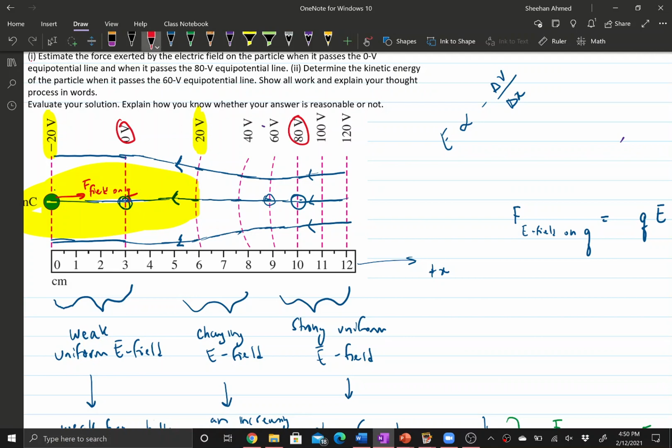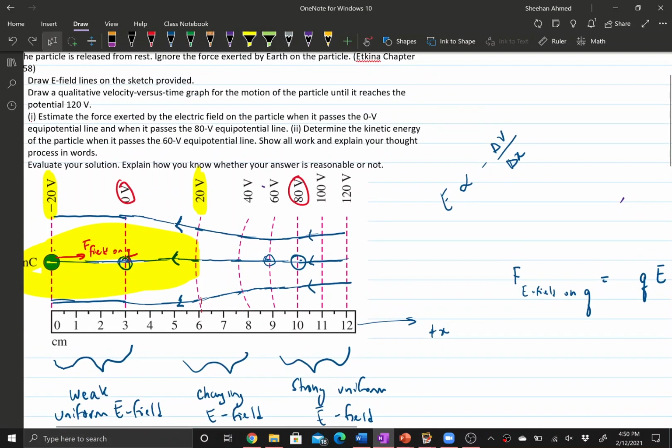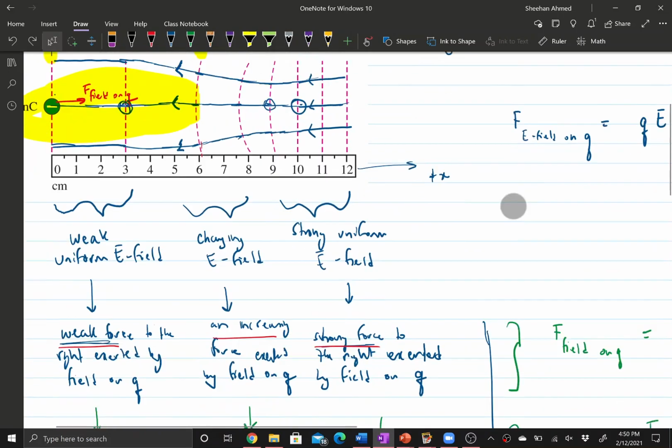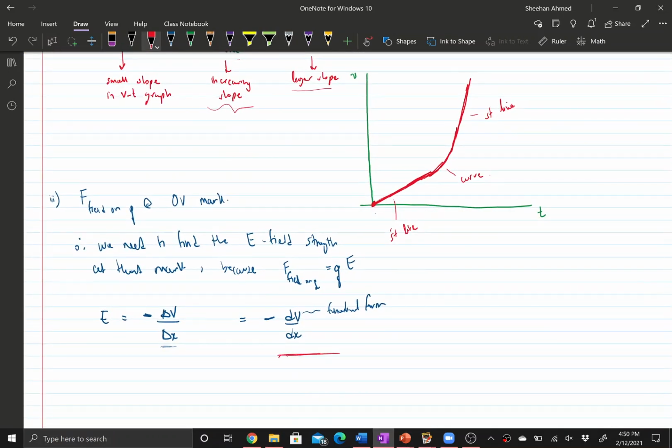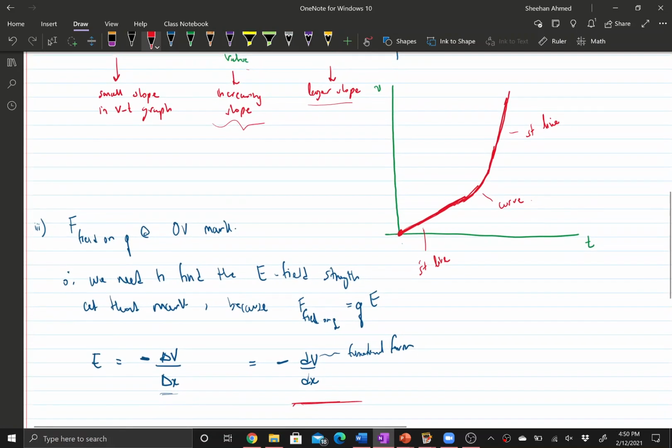I know it's not exactly 6, because exactly 6 is somewhere slightly behind, but we are estimating, and I just ruined my nice diagram. It says estimate the force, so I don't have to be incredibly accurate. If I need to be incredibly accurate, then I should have been given the function so I could take a derivative, but I haven't, so I'll work with what I have.